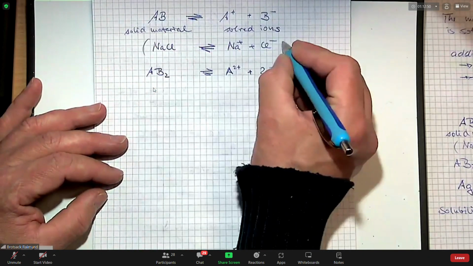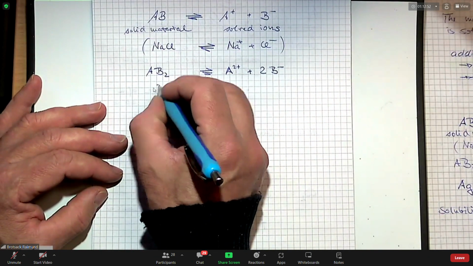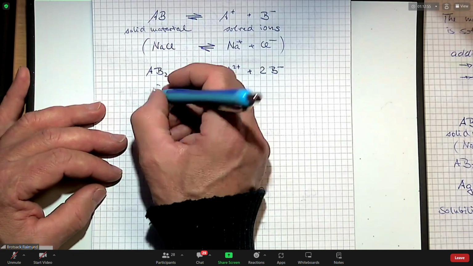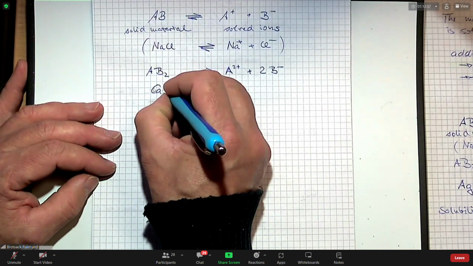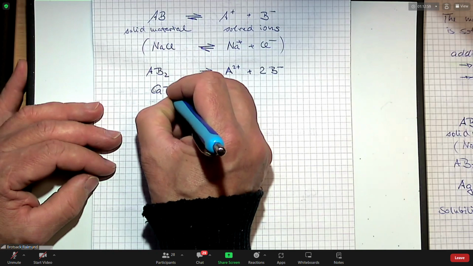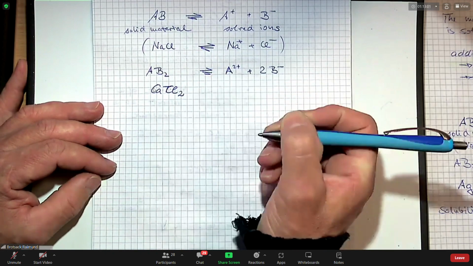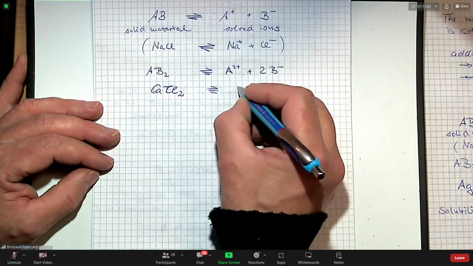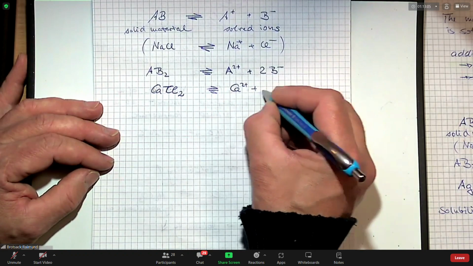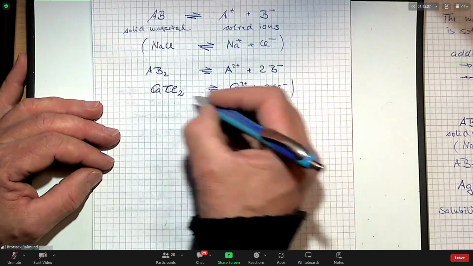Example can be calcium fluoride, for example, or calcium chloride. Let's take calcium chloride. Then we have Ca2+ plus 2Cl- as an example.